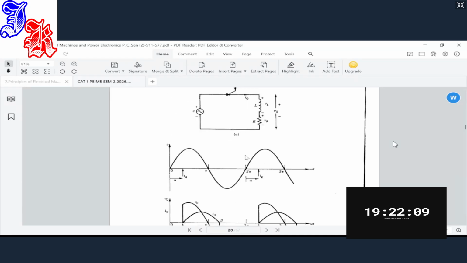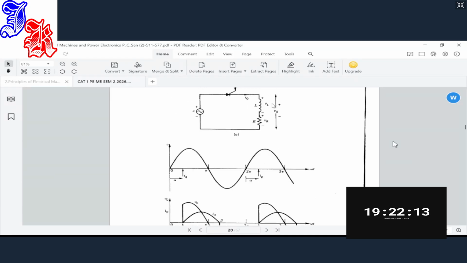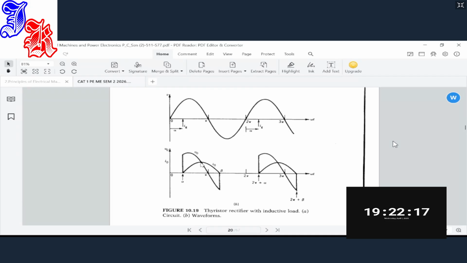So for instance, this is the input voltage, but because the load has an inductance in it, the current will not go off at pi. Remember, for the first one, it was reducing to zero at pi, but now it takes more time and falls to zero at beta.